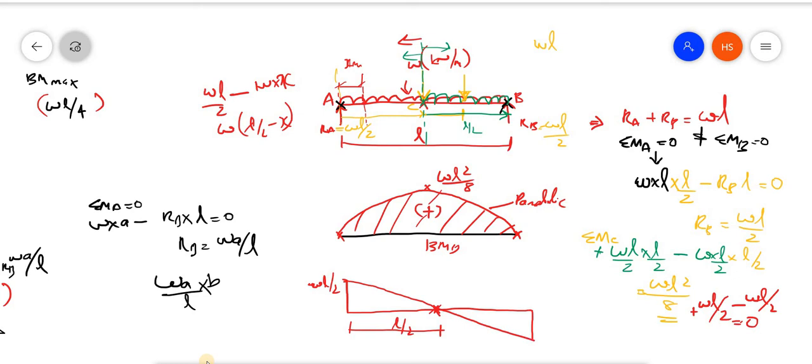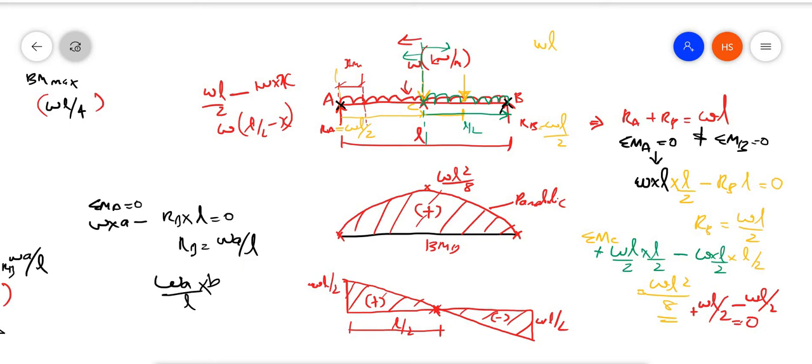We will be doing some numerical problems, then you will understand it clearly. That is why I started with the numerical for the point load first. You don't have to worry. Just understand, this is the shear force diagram of a simply supported beam with UDL. It is joined by a straight sloping line because at each point there is load.